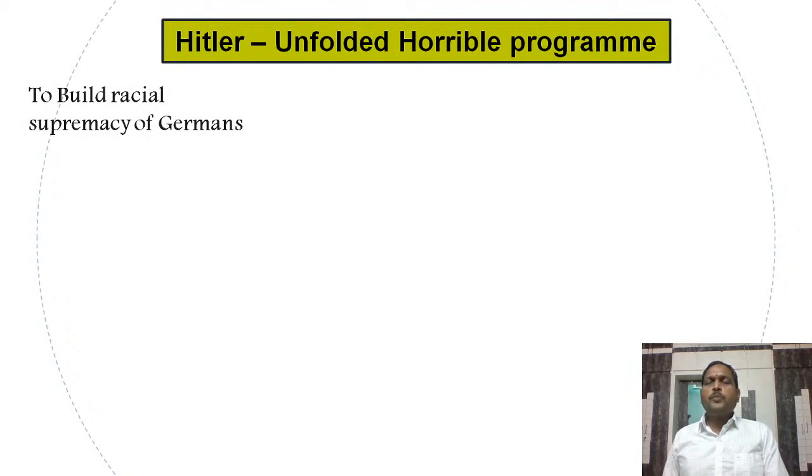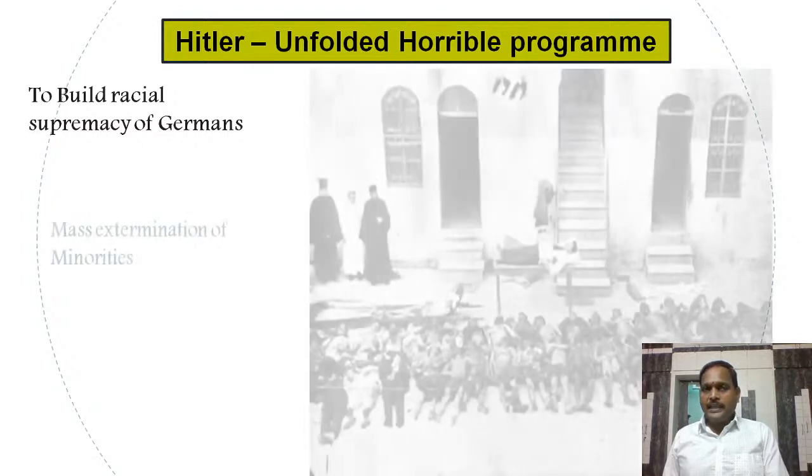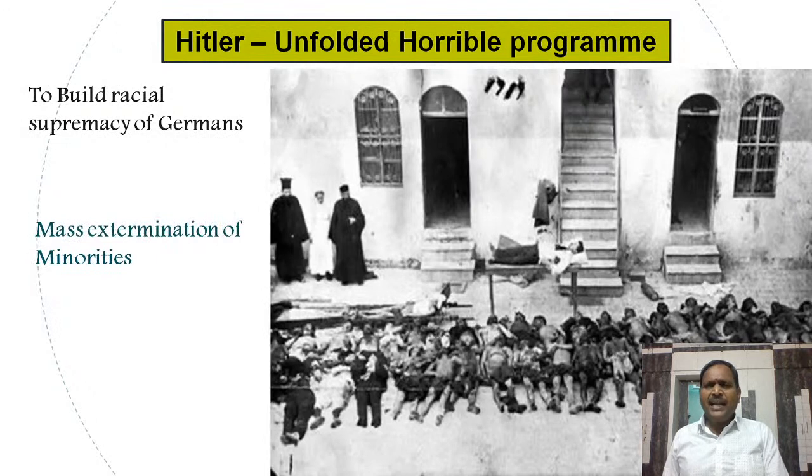To build a racial supremacy of Germans, he targeted the minorities. He cruelly killed many people. Mass extermination of minorities happened in Germany.